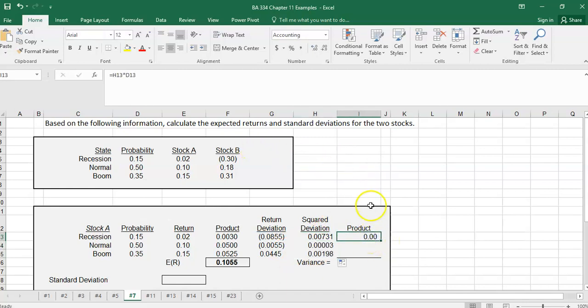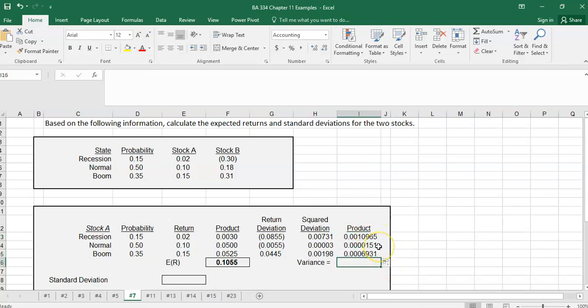And then the last result is the product times the deviation squared, and if we want to actually see numbers for that, we'll need to extend that out a bit.